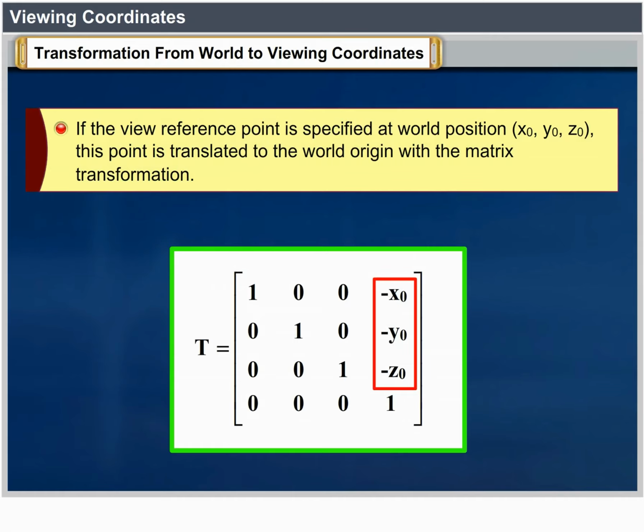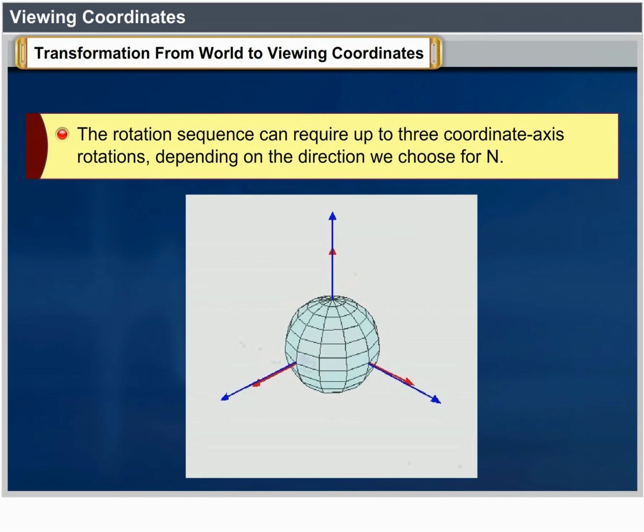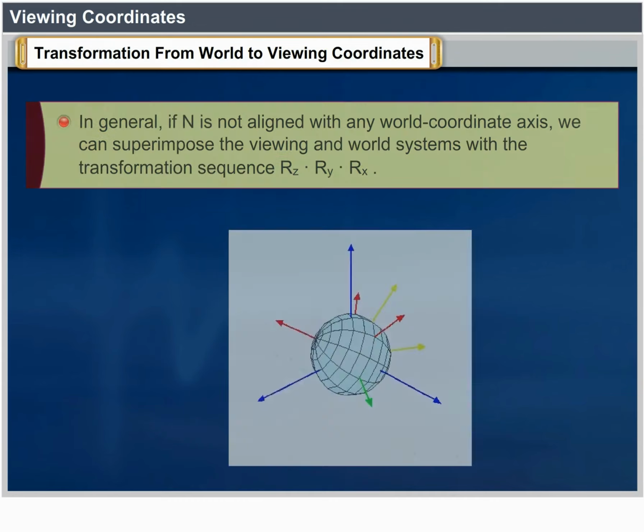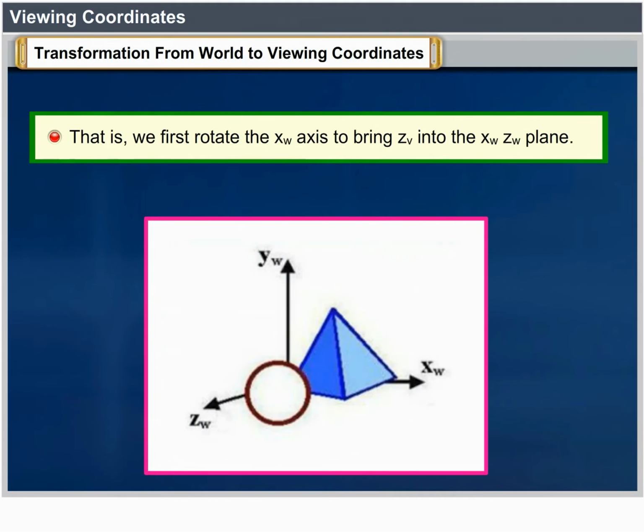The rotation sequence can require up to 3 coordinate axis rotations depending on the direction we choose for n. In general, if n is not aligned with any world coordinate axis, we can superimpose the viewing and world systems with the transformation sequence Rz·Ry·Rx. That is, we first rotate about the XW axis to bring ZV into the XW-ZW plane.